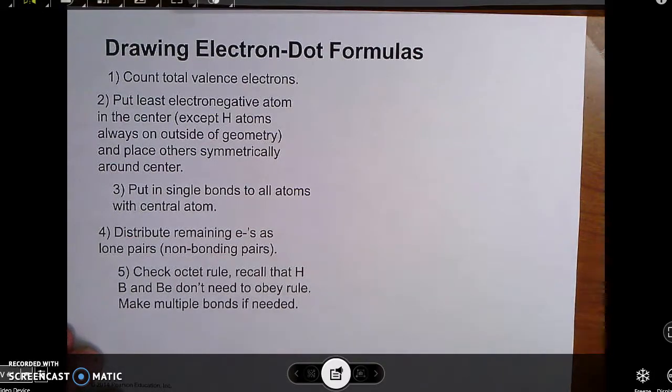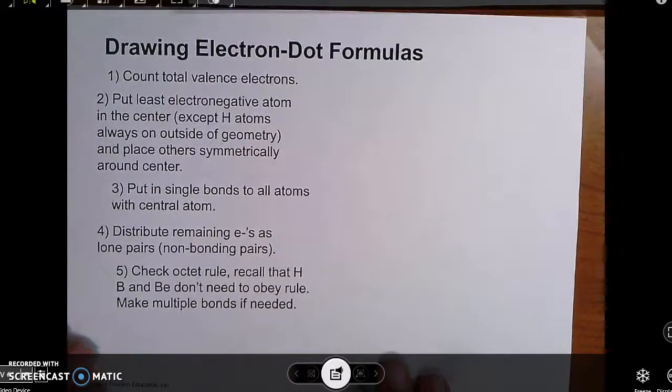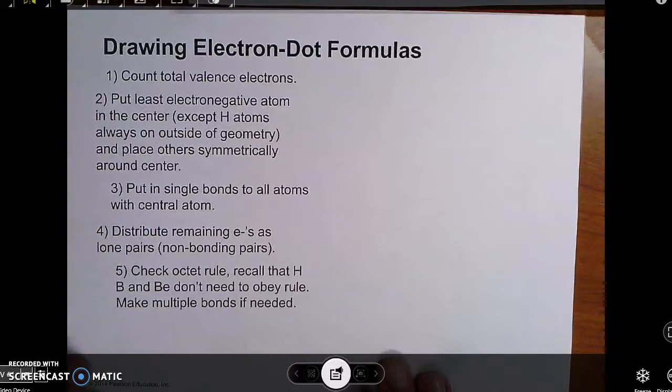You know that Lewis dot formulas are important because they represent valence electrons, and valence electrons are important because they're the ones involved in reactions, bond breaking, and bond making. Hey, that's the chemistry that we all know and love.